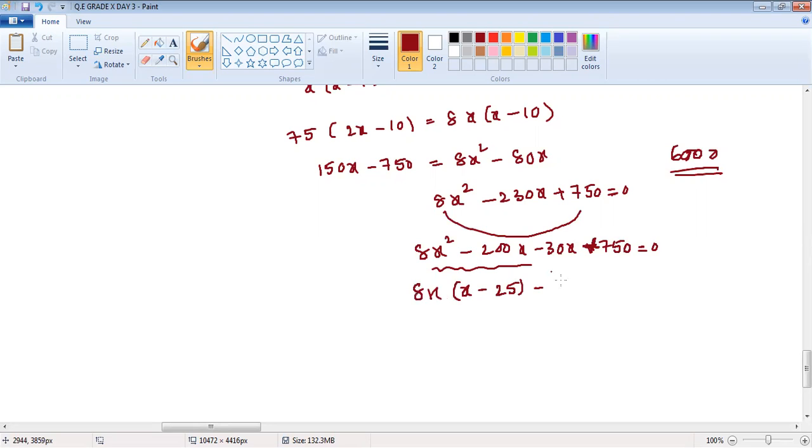In these two, what is common? Minus 30. If you take it out, x minus 25, right? Yes, sir. Then what can you write? x minus 25 into 8x minus 30. Am I right?